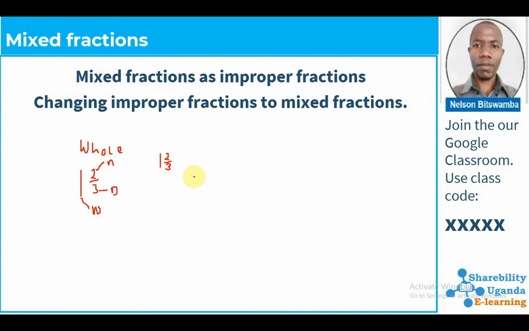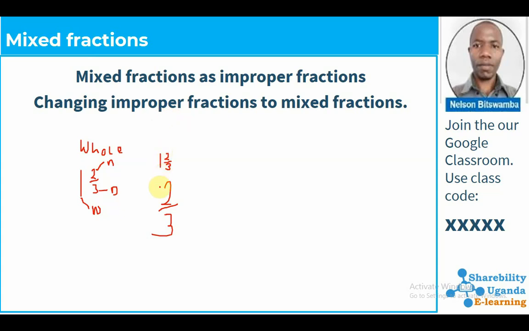When you are given a fraction and I remove the whole number, it becomes 2 out of 3. So this is a proper fraction, and 5 out of 2 is an improper fraction. This one is not a mixed fraction because it doesn't have a whole number.